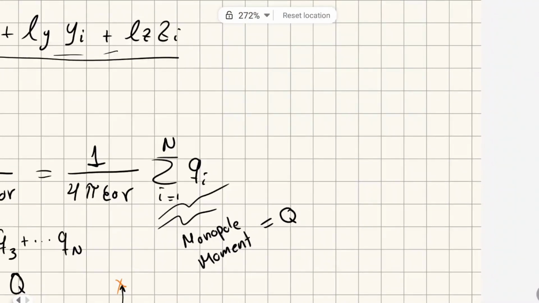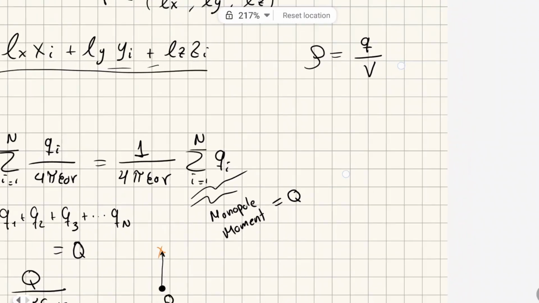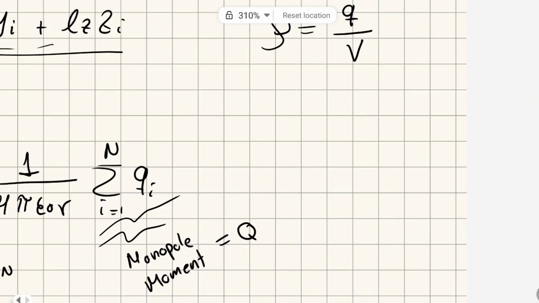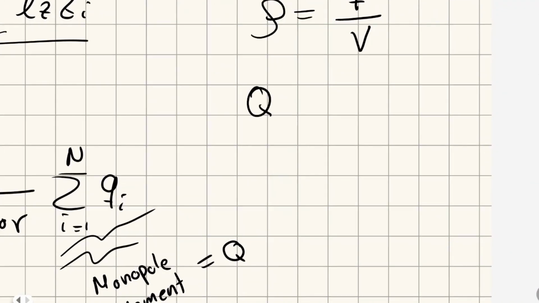where, for example, the charge density can be defined on a volume as rho equals the charge divided by the volume. In these cases, we know that to calculate the total charge of a continuous distribution of charge, we need to take the integral of the charge density times a volume differential, and we integrate over that volume.